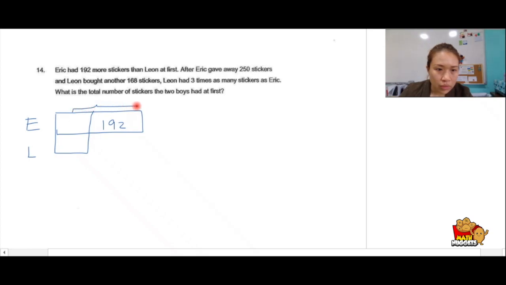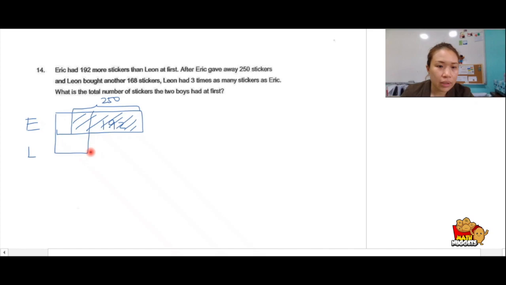Question 14, I'm going to draw a model to illustrate. So we have Eric and Leon. Eric had 192 more than Leon at first. Now Eric gave away 250. So 250 given away.